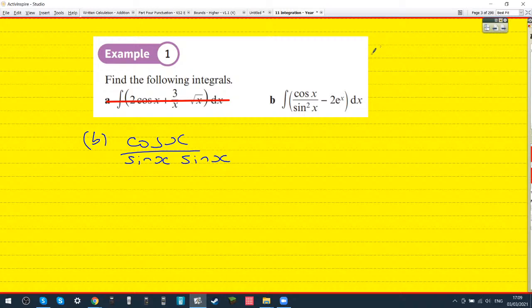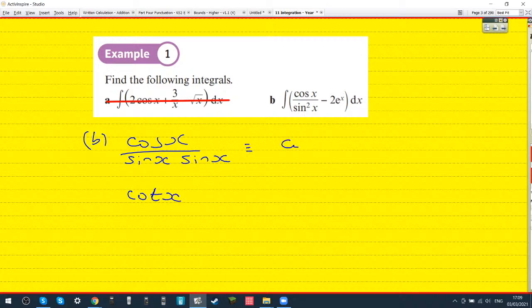Tan to the -1. And what's the special name for it? It's not the inverse. The reciprocal one is called cotan or cot.